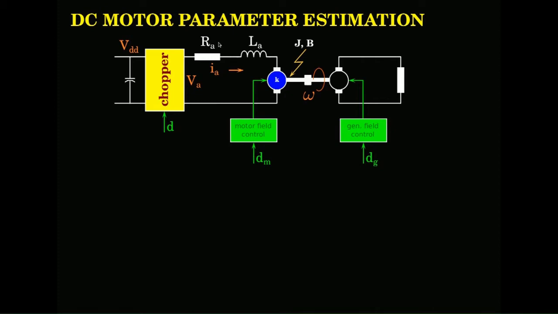How do we obtain them? Look at the nameplate. In the nameplate, what is given? Generally, in most nameplates of a DC machine, what is given will be the rated armature voltage and current, and rated speed, maybe rated developed torque also, and the field current, not field voltage, would be given.